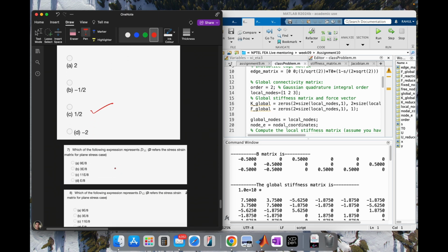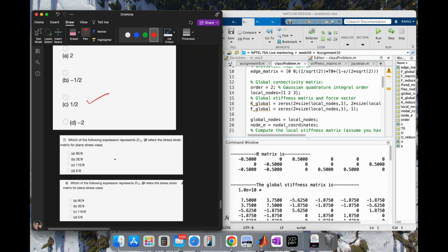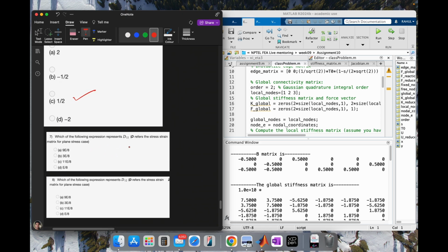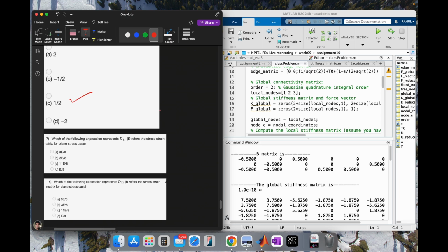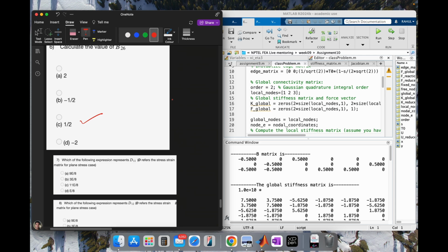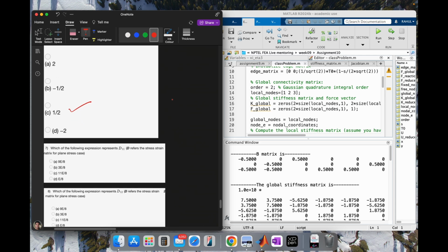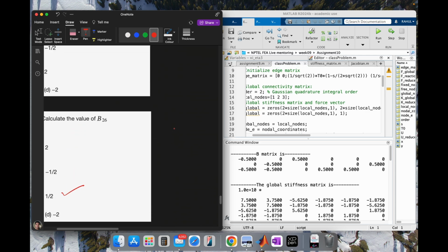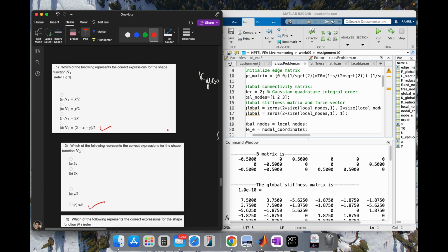And now it is asking which of the following expressions represents D11. Refer to the stress strain matrix for the plane stress case. So D11, it's not very difficult.